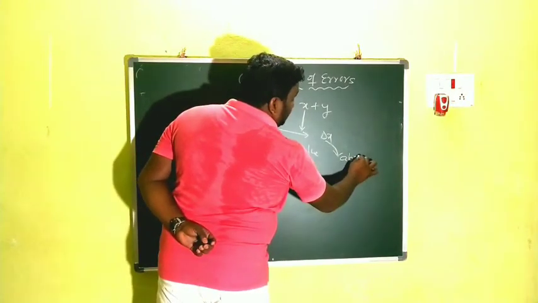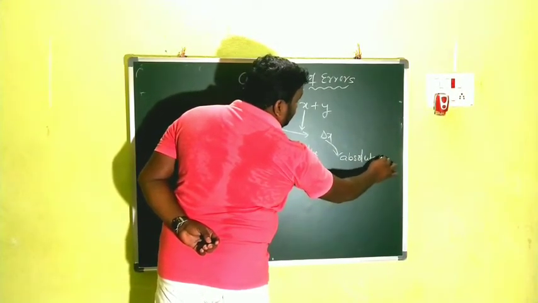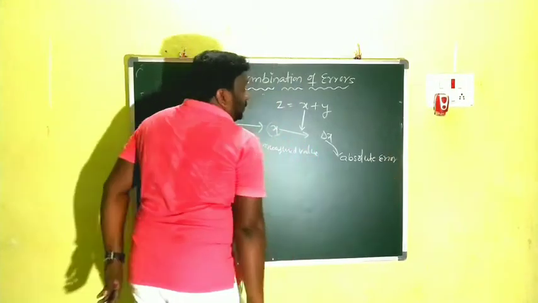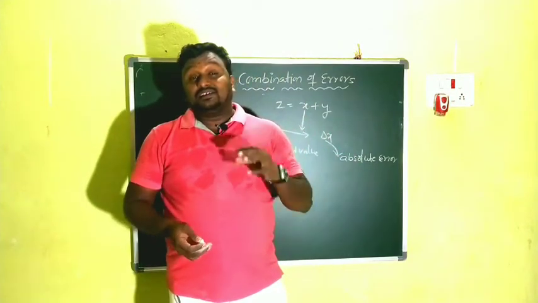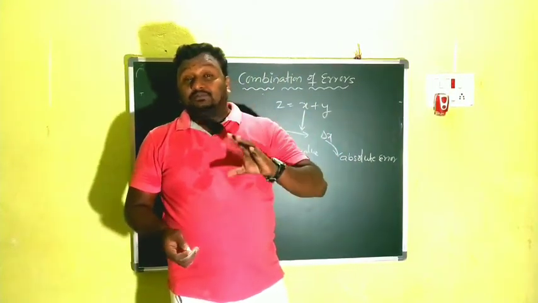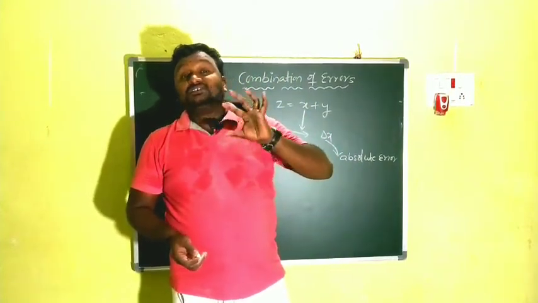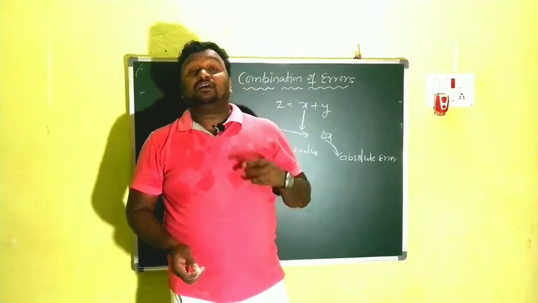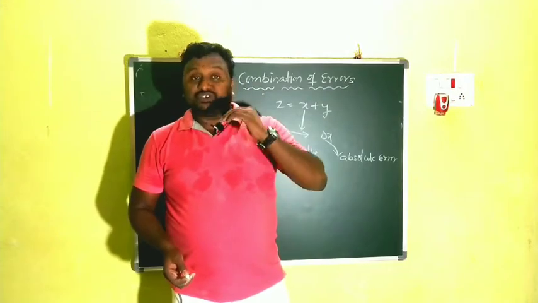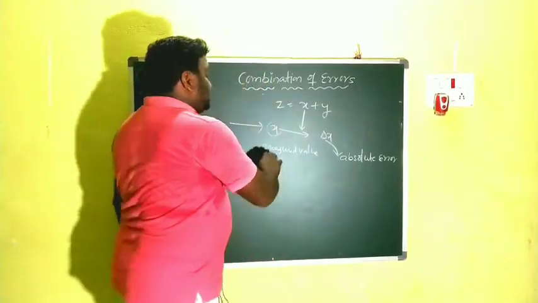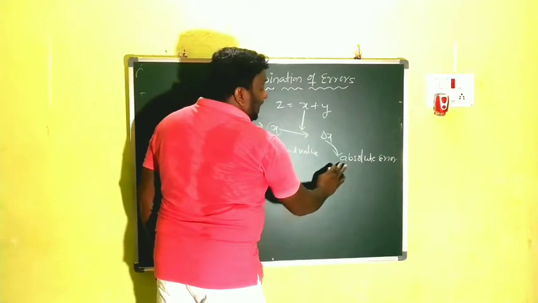Absolute error. If you do not have any idea about the absolute error, just go to the previous video. In that video I clearly explained what is absolute error and what is mean absolute error. If you want clarity, go to the previous video. Here X is the measured value and delta X is the absolute error.